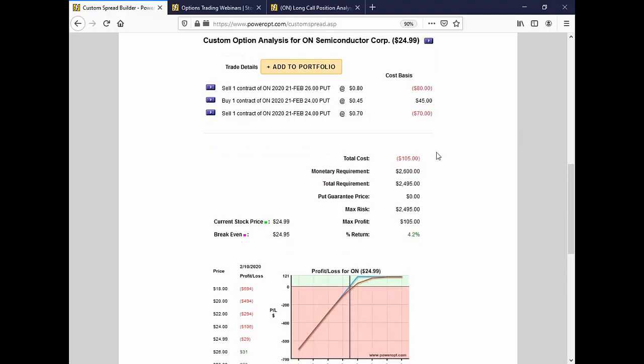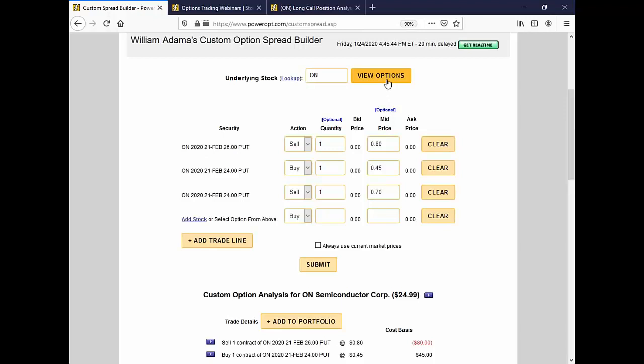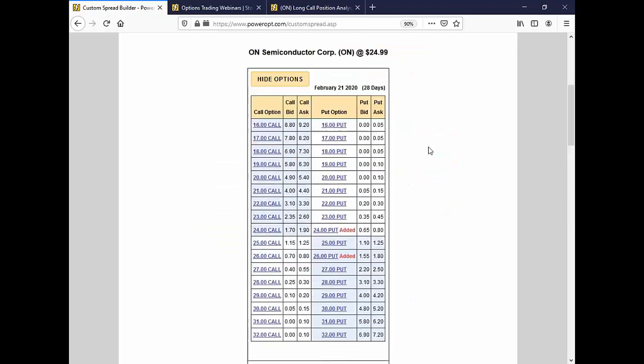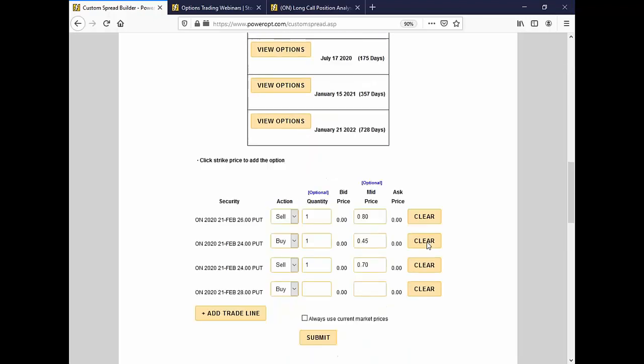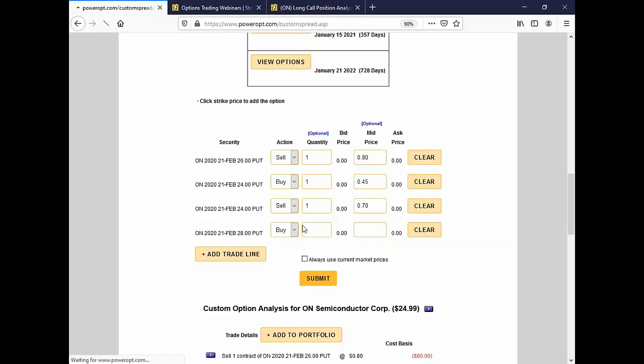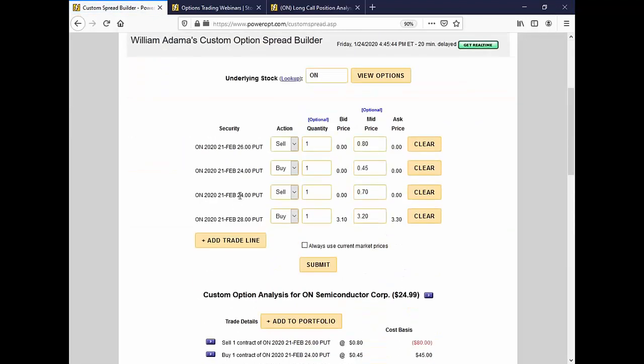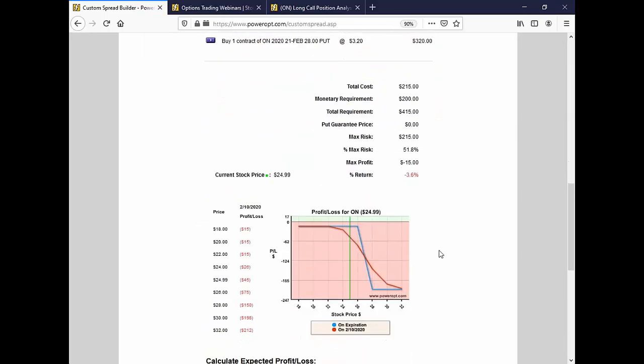Still have a large chance for a loss. But what I'm really doing is swinging this up to go to the 28 strike for a midpoint of about 320. All I did was sell to close the 24, bought the higher strike 28, left the 26 alone, and it didn't work. What I needed was a premium of closer to 145, I think.